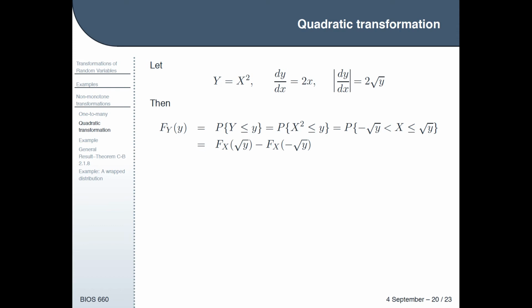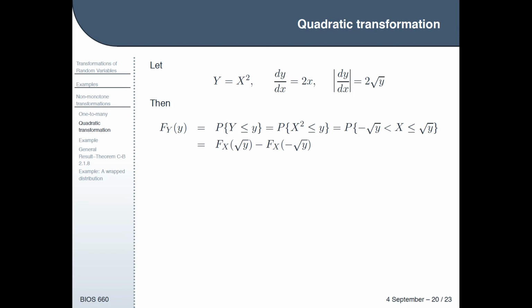If we want to find the cumulative distribution function for y equals x squared, we can do the same trick that we did with the absolute value. That's just going to be the probability that x squared is less than or equal to y, which of course is equal to the probability that the original x is between minus square root of y and plus square root of y.